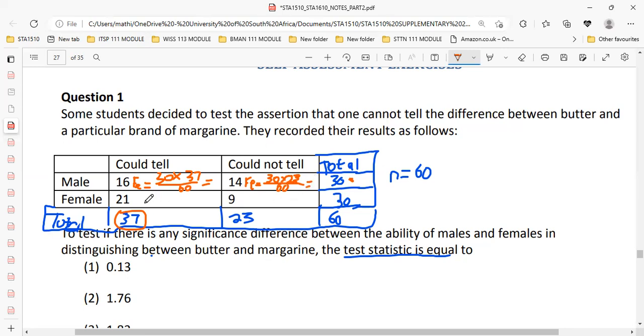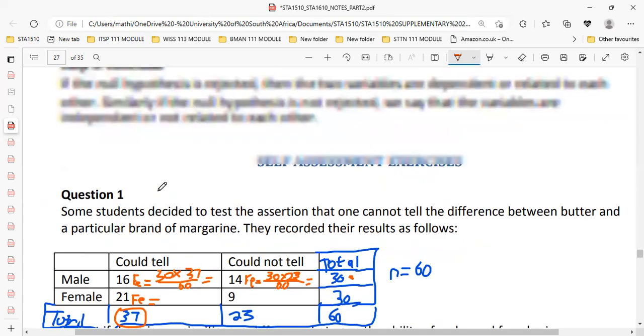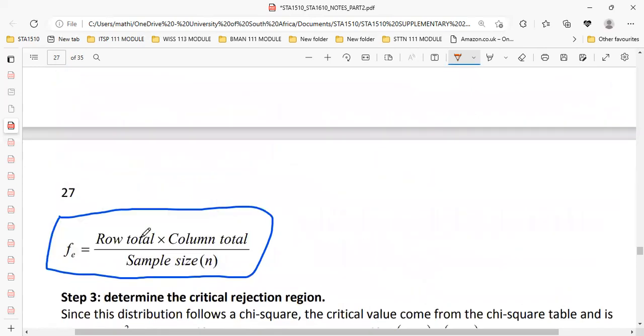Now we move to this one here. Then we say FE again. FE is what? Expected frequency. Remember, by using this formula, row total.